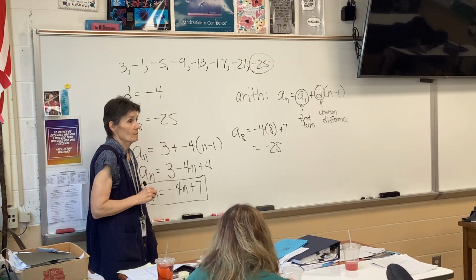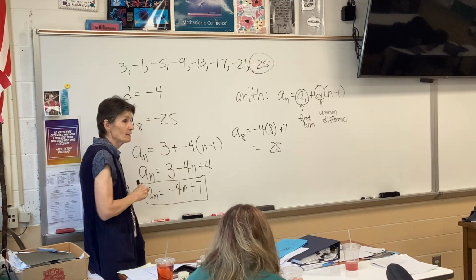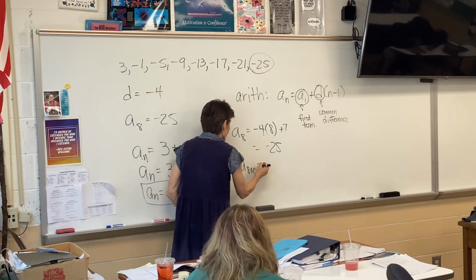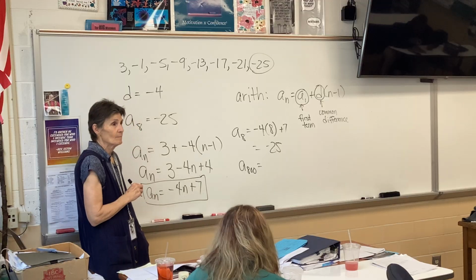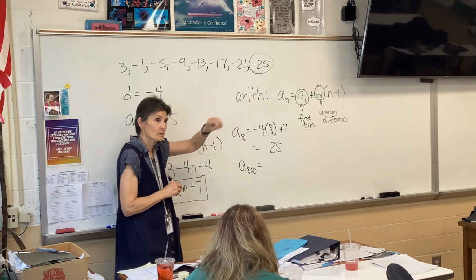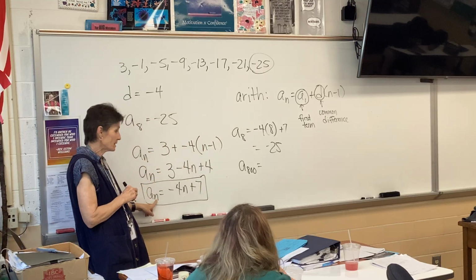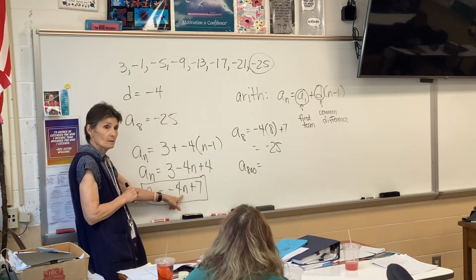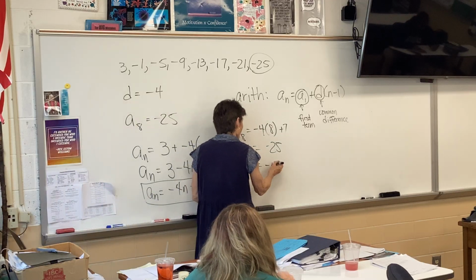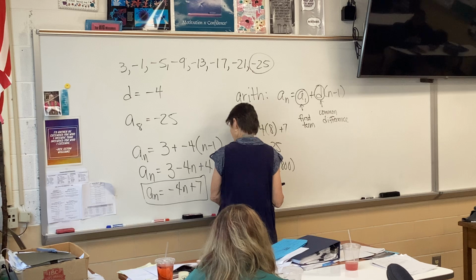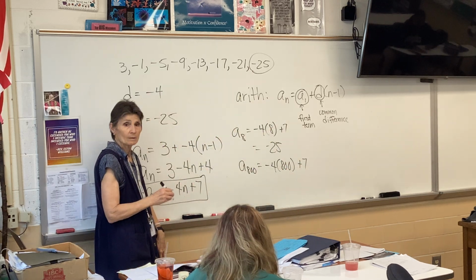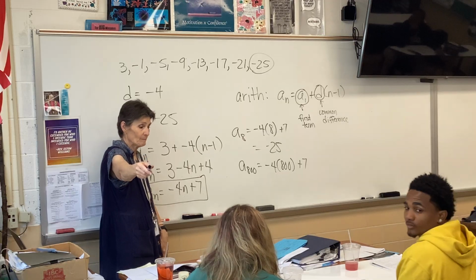But now that you have a formula, if somebody says find the 800th term, you aren't worried. You're not going to count all the way down 800 of those numbers. You're going to put 800 right here. So what would the 800th term be? Negative 4 times 800 plus 7. What is that?